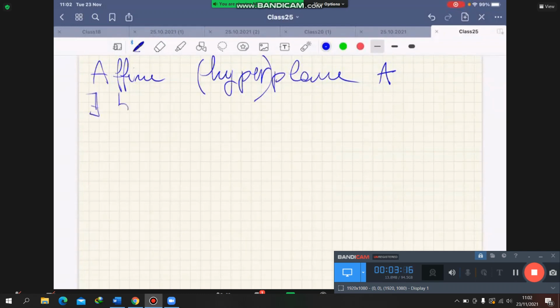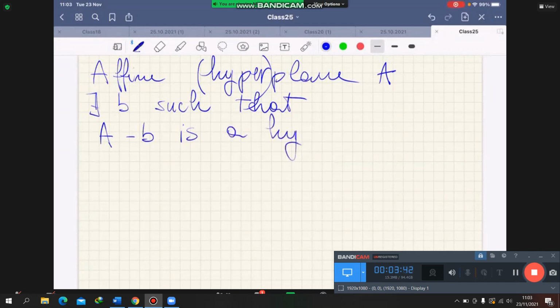So there exists b such that A minus b is a hyperplane.